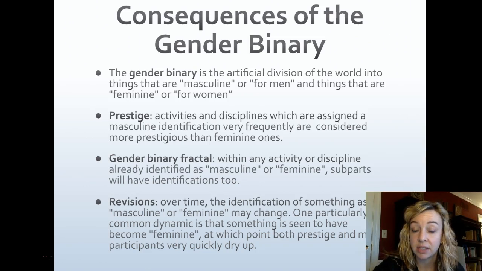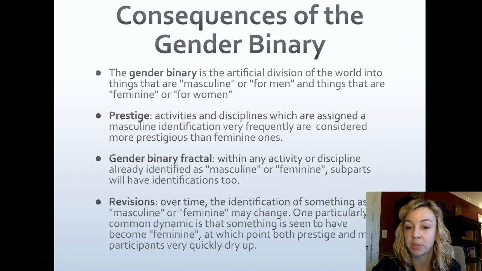And then activities that are masculine are considered more prestigious than those that are feminine. And there can become these gender binary fractals. So meaning even if something is considered masculine and therefore has prestige to it, there might be subparts that have identifications too.